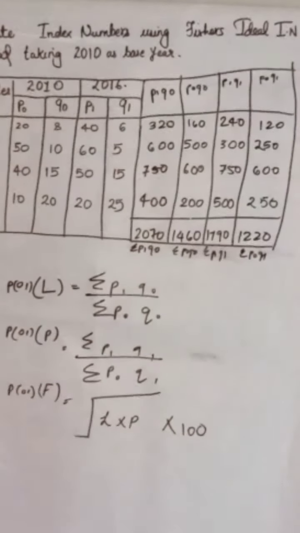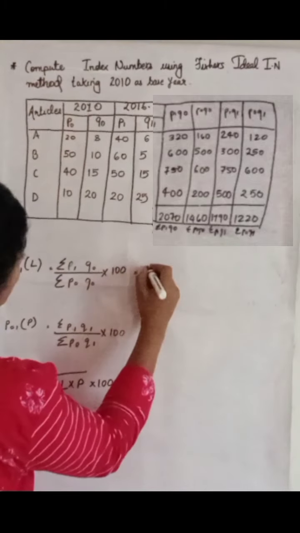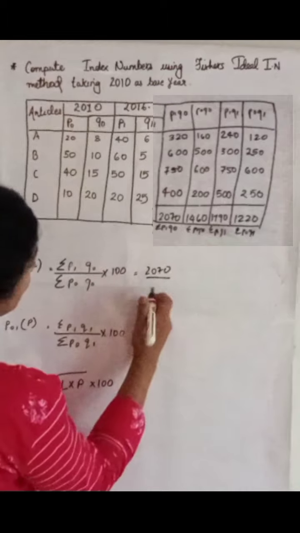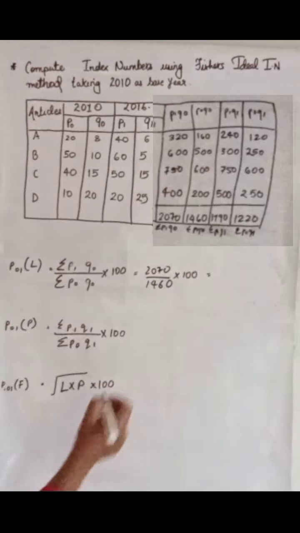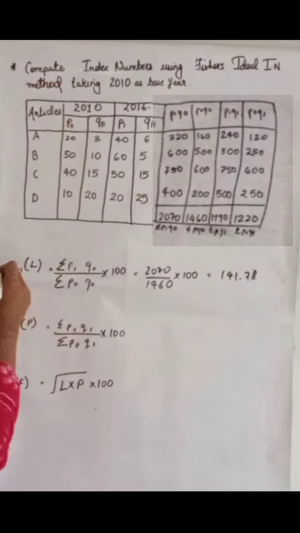So let's now quickly put down the values. What is the summation of P1Q0? 2070 upon P0Q0, which is 1460, into 100, and you will get the value 141.78. This was for Laspeyres.